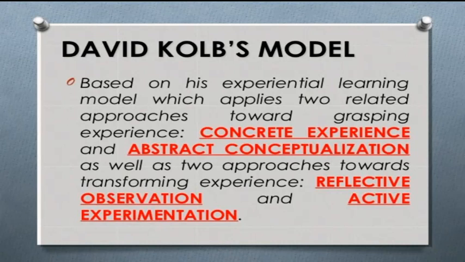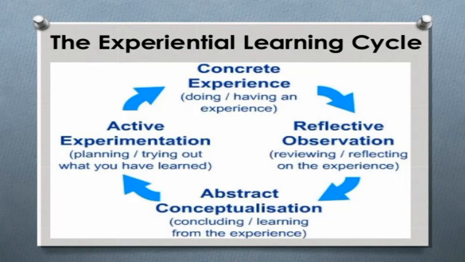It's based on experiential learning, which applies two related approaches to grasping experiences, concrete experience and abstract conceptualization. The two approaches are transformed through reflective observation and active experimentation. This is the cycle we want to know about in experiential learning.